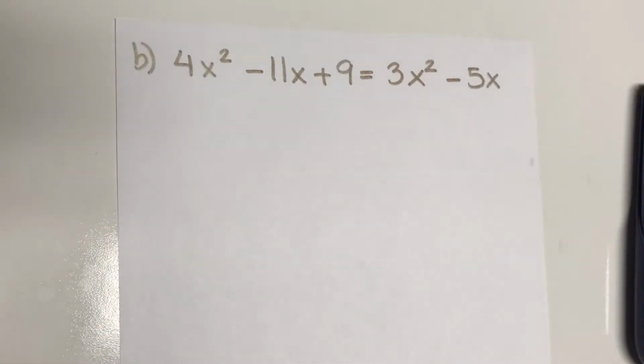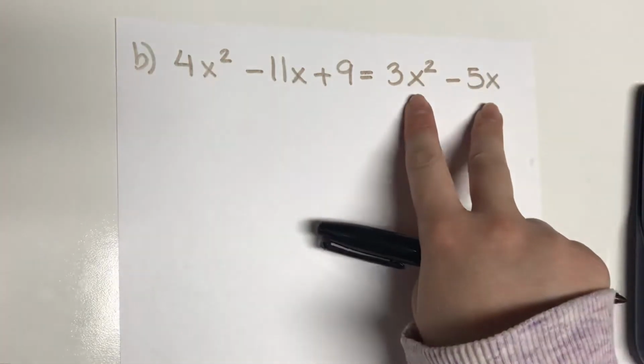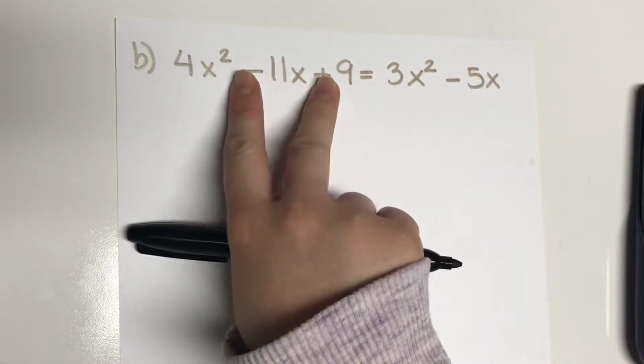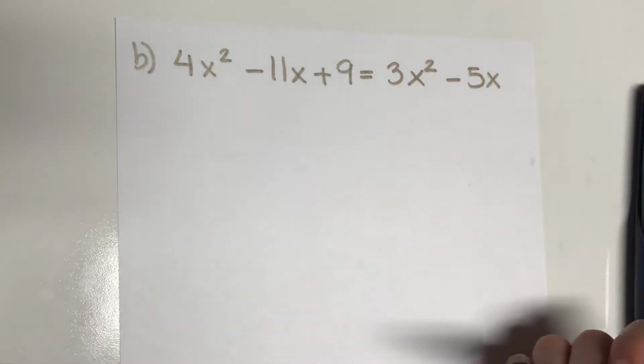Let's take a look at another example. For B, I need to do a little bit of shuffling first because I need it to be in the form ax squared plus bx plus c. So I'm going to bring all of my terms over to the left side, and I'm going to leave the right side with 0.